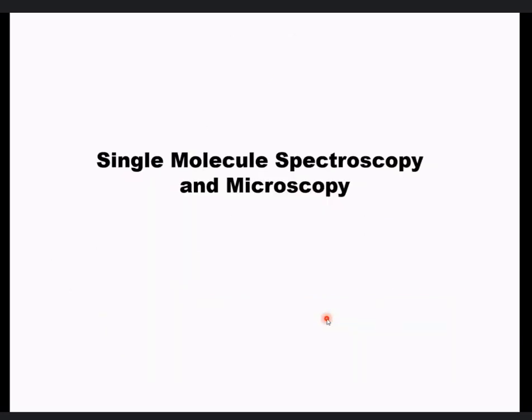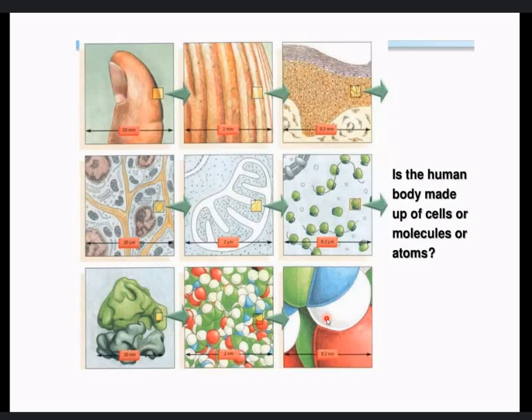The human body is made of cells, and cells are made of molecules and atoms. Not only single molecule but single cell spectroscopy or single cell microscopy is very important. That is, whether we can see a particular cell, not in an ensemble, just this particular cell, then we can understand in a better manner how the cell functions.